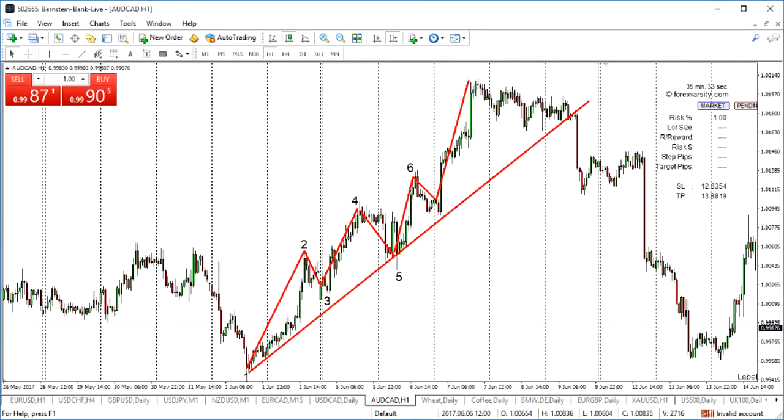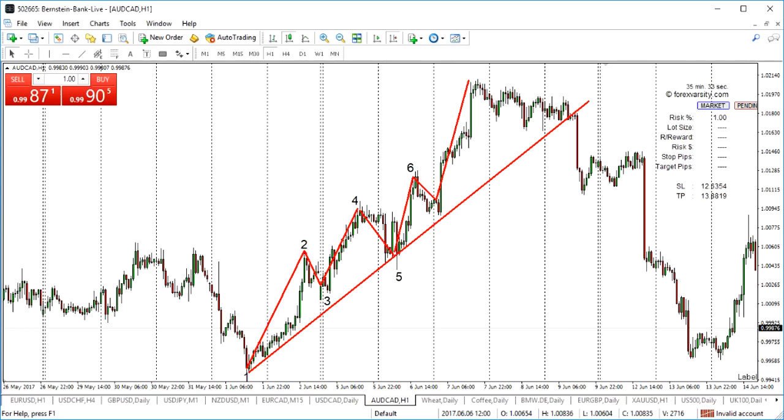Number one, an uptrend is a series of escalating highs and lows. I repeat that, an uptrend is a series of escalating highs and lows. Number two, a downtrend is a series of descending lows and highs.